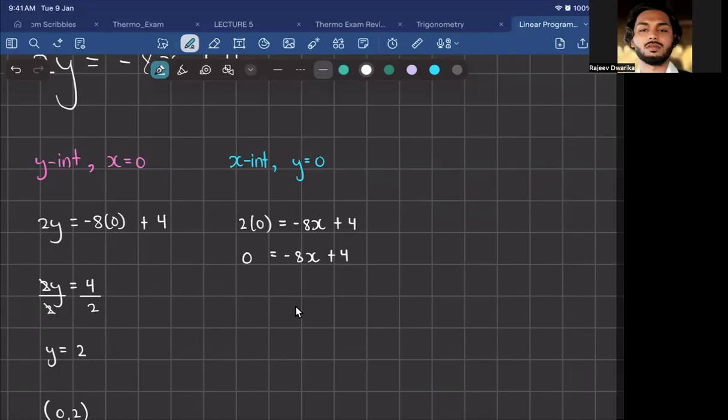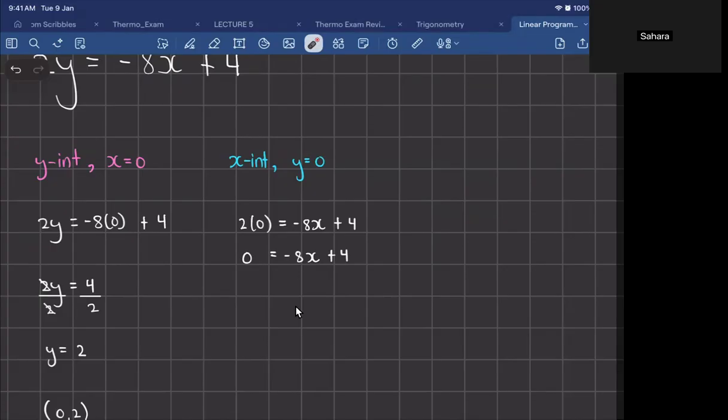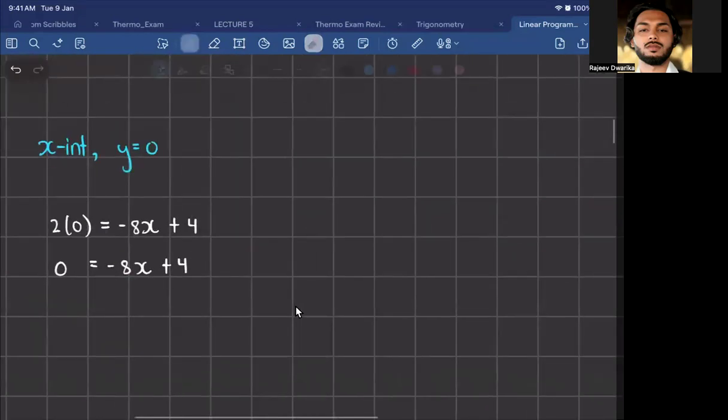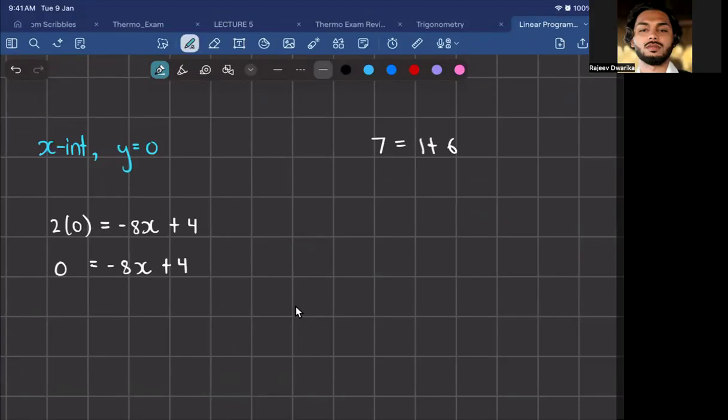Sahara, what are we actually doing? Do you understand why we are allowed to do that? Yes, so it could be in the correct form of a statement. That's not exactly what I'm going for. Let me show you something. If I said 7 was equal to 1 plus 6, we could both agree that makes sense.